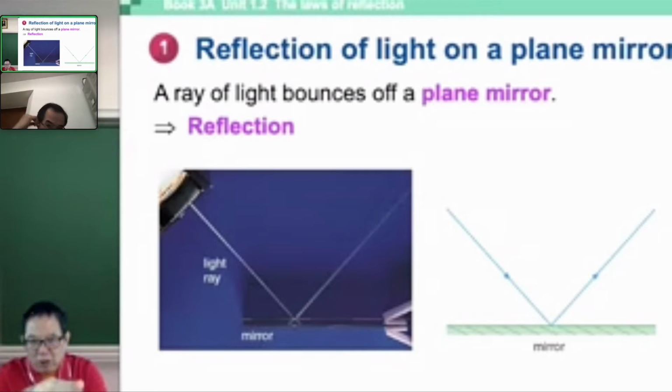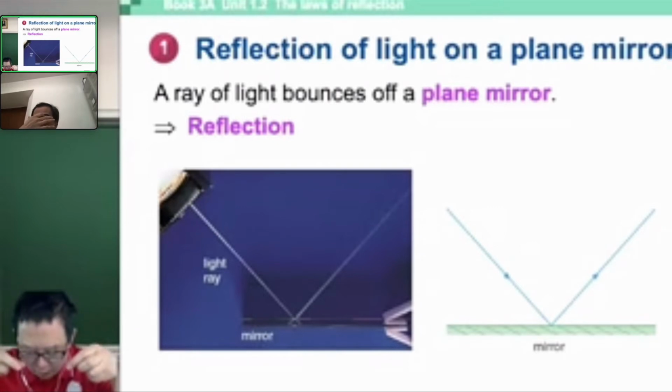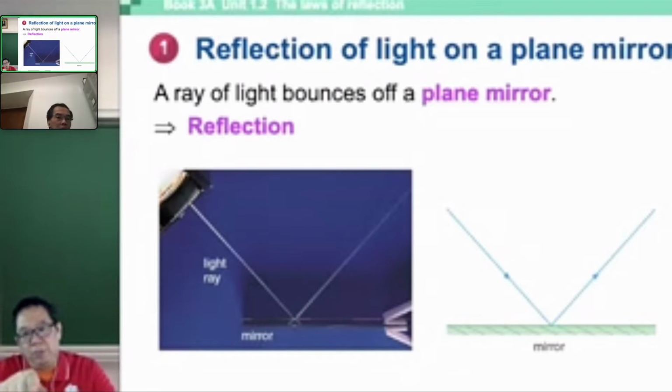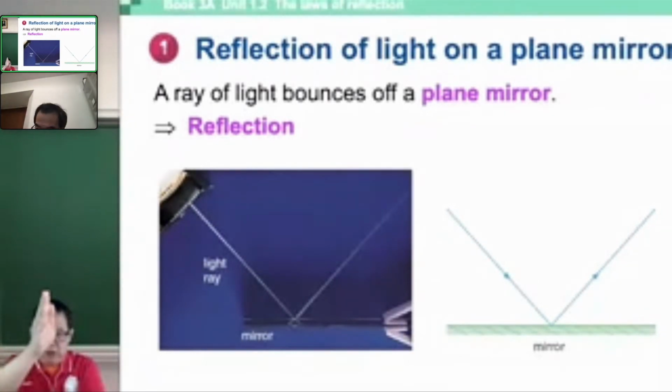So the light will show some light on the table. Now this picture on the left is a photograph taken on top of the experiment. You can see that the light gives out a ray, and the ray seems to become dimmer and dimmer as it goes, because there is some kind of divergence in the vertical plane.